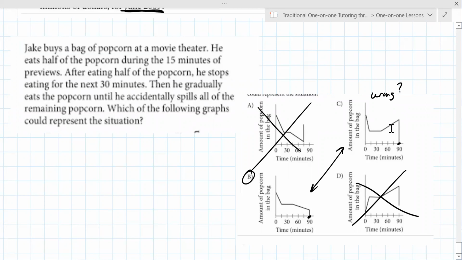So that would be like going back and getting a popcorn refill. Yeah. Usually you just keep seeing it go down. Good. Now they ask you variations on this question, like you're driving somewhere and then you park your car, or you're on the highway at constant speed. So these are some things that you might see.